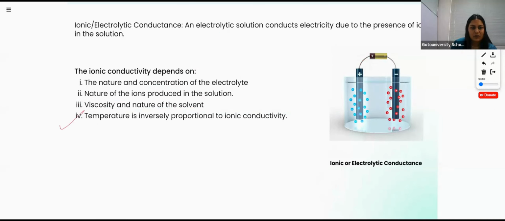Next, the last factor is temperature. Now, the conductance, or say ionic conductivity, increases with increase in temperature.